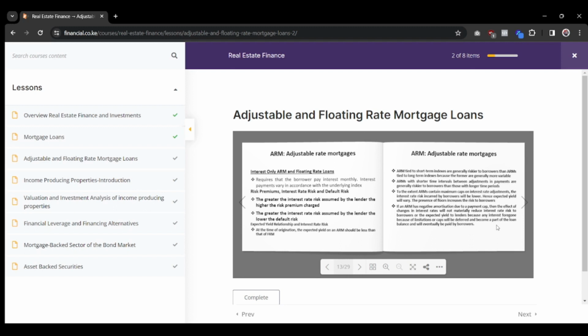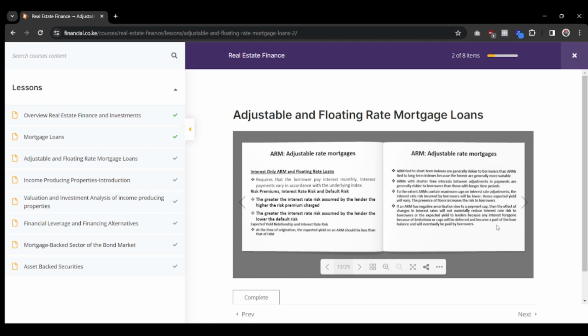Risk premiums, interest rate risk, and default risk. The greater the interest rate risk assumed by the lender, the higher the risk premium charged. The greater the interest rate risk assumed by the lender, the lower the default risk.